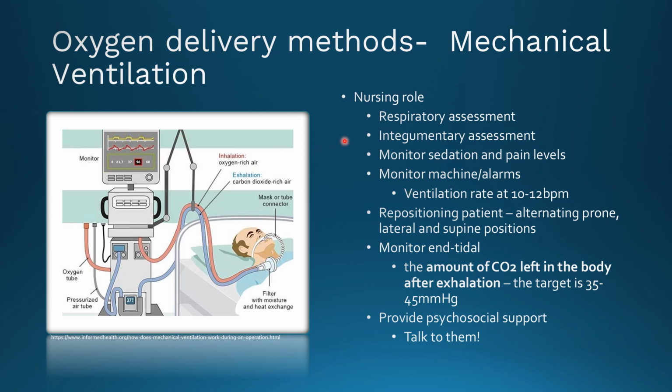If the end-tidal is too high, above 45, it means ventilation is too slow and extra CO2 is building up in the patient. If the end-tidal is too low, below 35, it means that ventilation is too fast and we don't have the appropriate CO2 building up in the patient's system.